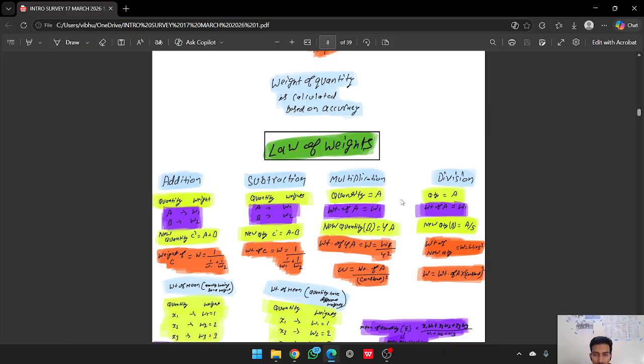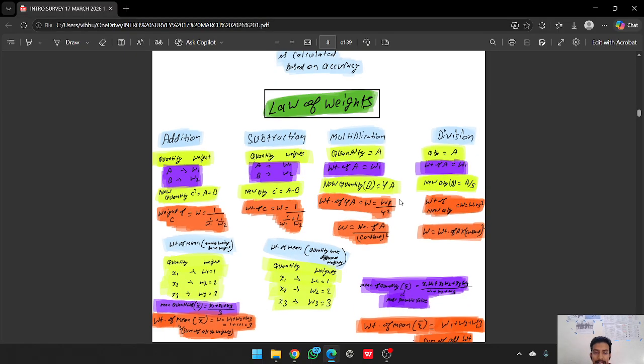There are four basic laws, and there are two more. We will discuss addition first. There are quantities A and B carrying weights W1 and W2.